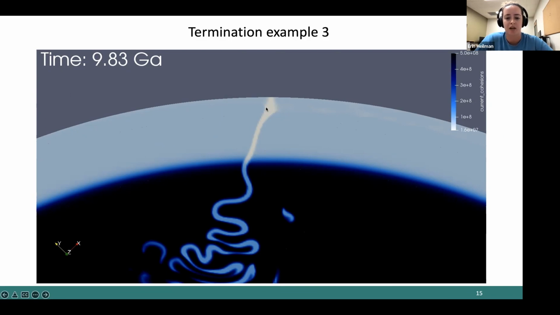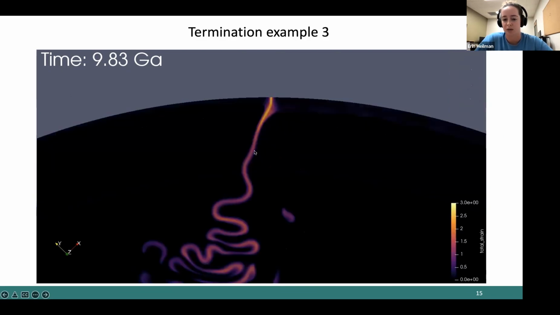You won't get as much slab weakening, and you also won't get this accumulated strain in the same way if you're not using the damage rheology. I don't remember the exact numbers, but we did still see plume-slab interactions. And I think there were a few cases using plasticity and strain weakening where you do still get some of these terminations, but it doesn't happen anywhere near as frequently as with the full damage rheology.